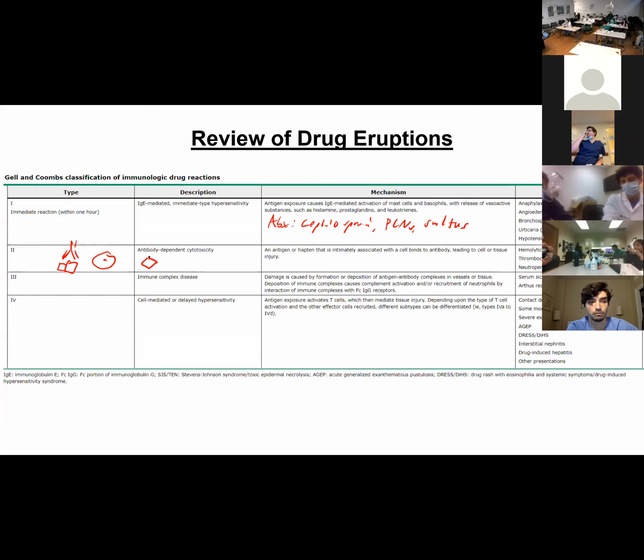Does anyone know some of the typical manifestations that give you drug-induced hemolysis? Which drugs are the common offenders that can give you drug-induced hemolysis?